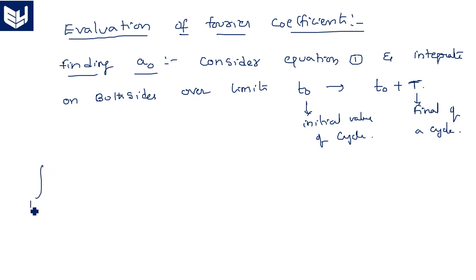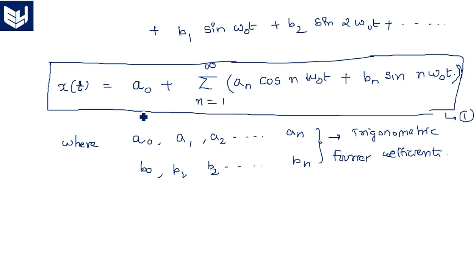So the integral t naught to t naught plus capital T of x of t dt is equal to the integral, so what is the first one?